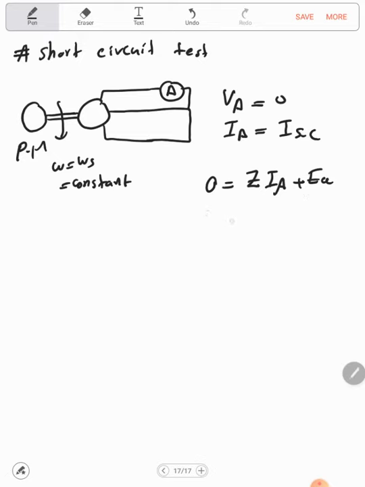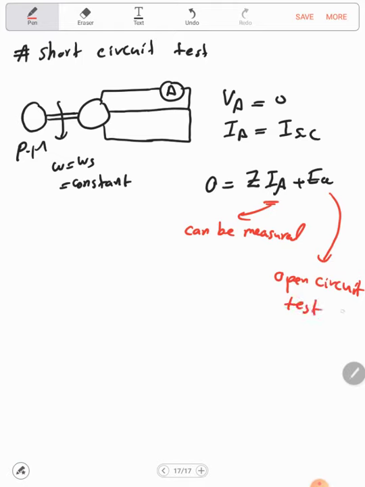So we can find the Z. So simply here IA can be measured, and EA we can get from the open circuit test or from the graph of the open circuit characteristic.